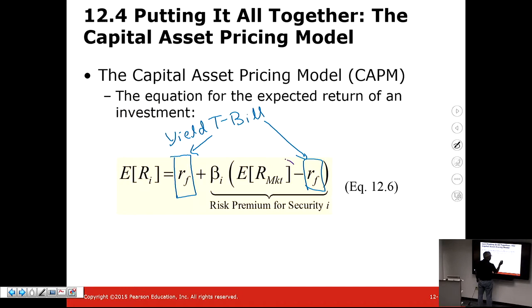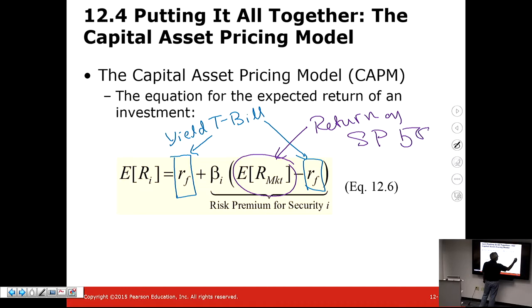All stocks are impacted by the same return on the S&P 500 index, the market portfolio, the market index or portfolio.